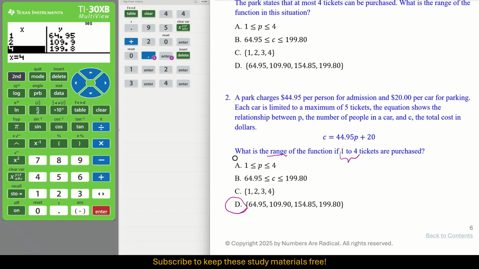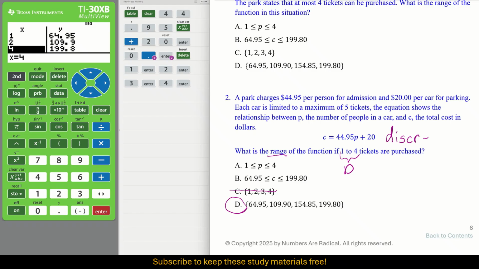Now, how do I know that it's not A, B, and C? Well, first, as I stated, C, that would be the domain, okay? So C is not an option. Now, why are A and B not options? Well, they're not options because we are looking for discrete data.